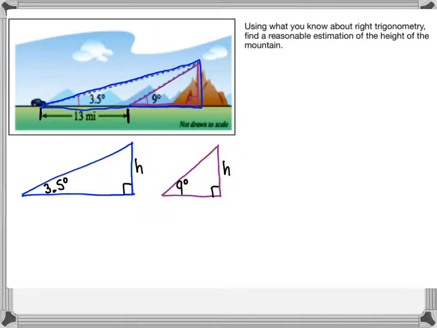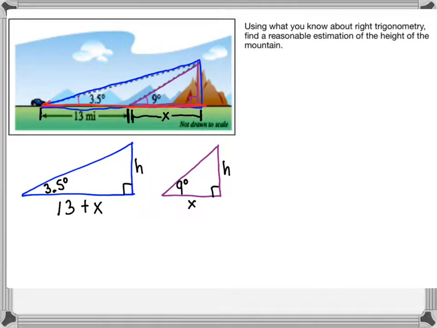You don't get all the way to the mountain, so there is an additional X amount from where you took the 9-degree elevation measurement to the top of the mountain. So we're going to call this side X, which is the side of the purple triangle, and the entire thing we're going to call 13 plus X.